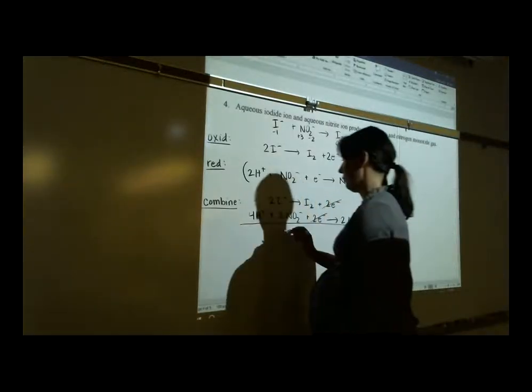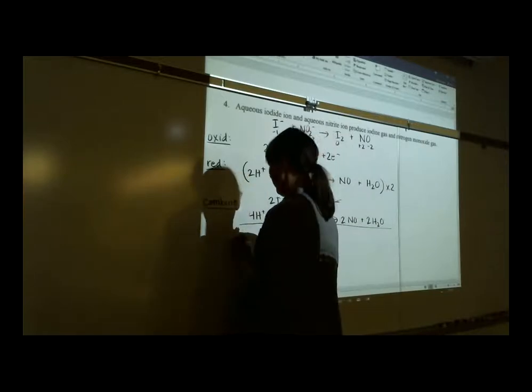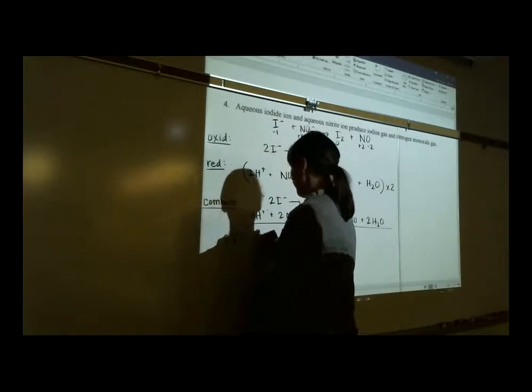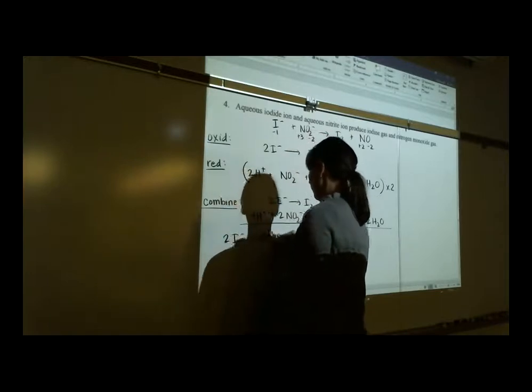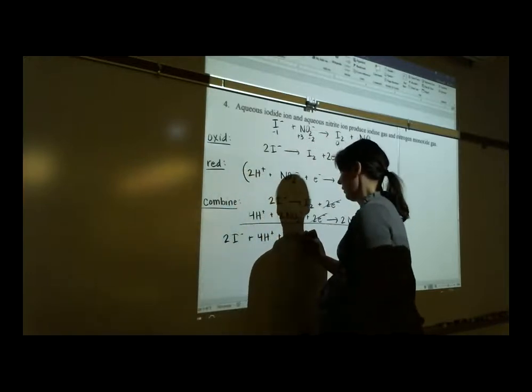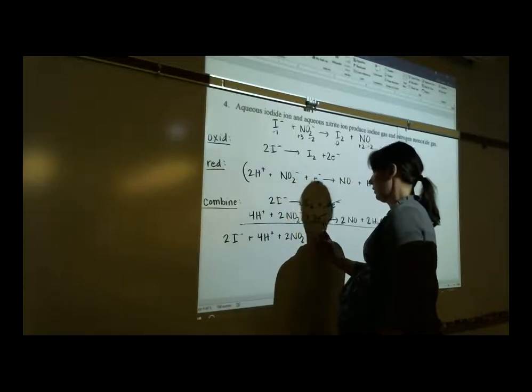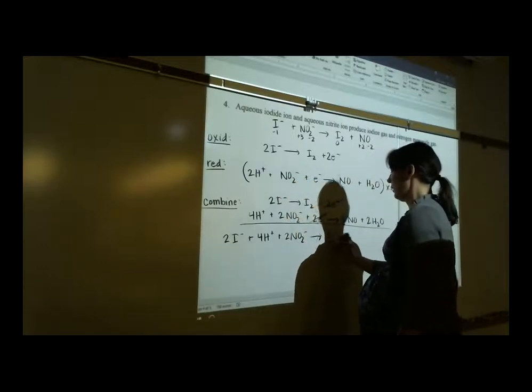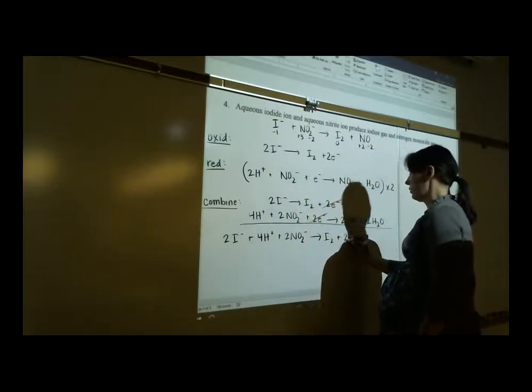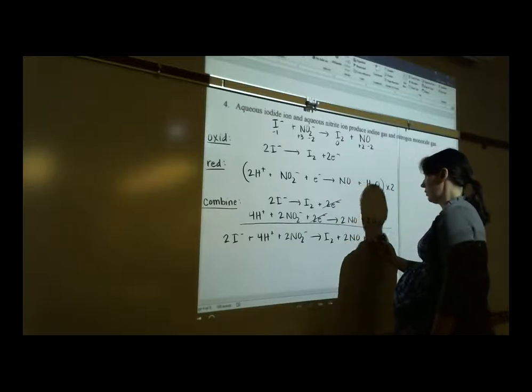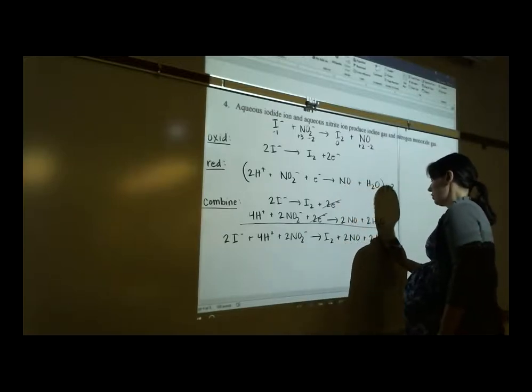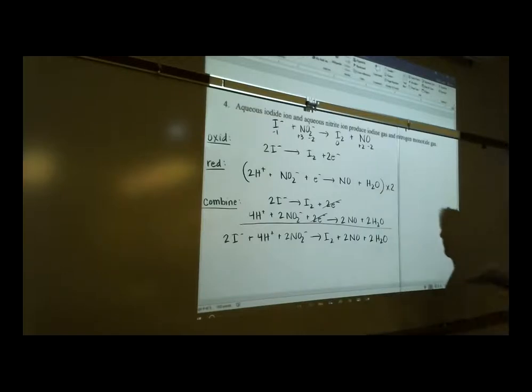So now I'm just left with what I have when I combine them together: 2I- plus 4H+ plus 2 NO2- produces I2 plus 2 NO plus 2 H2O. And there's my final balanced equation.